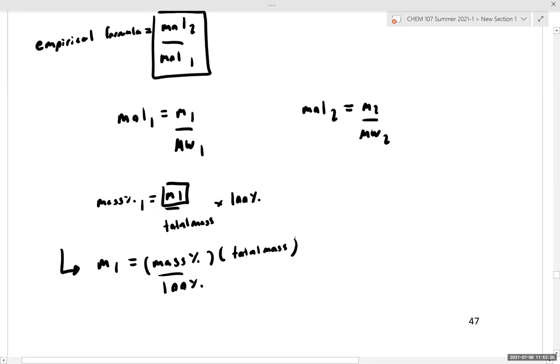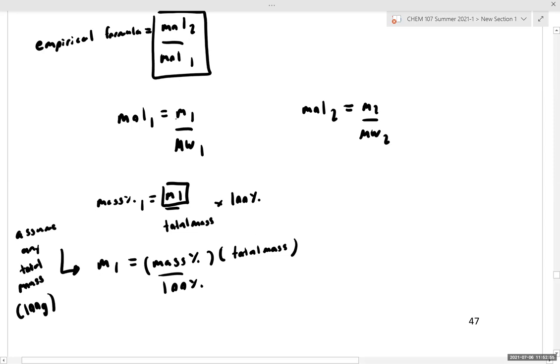If you wanted to do calculations stepwise, you can assume any total mass, though it's often convenient to assume 100 grams. That's how the book commonly teaches you to calculate the empirical formula. You solve for the mass using the mass percentage, assuming a total mass of 100 grams. You can pick any total mass you want in reality.